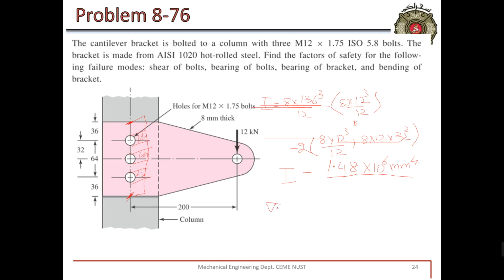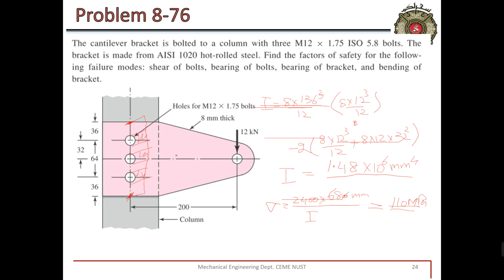So sigma is equal to 2400 into 32 plus 36, which gives us 68 mm, divided by I. Substituting the values gives us 110 MPa of bending stress.